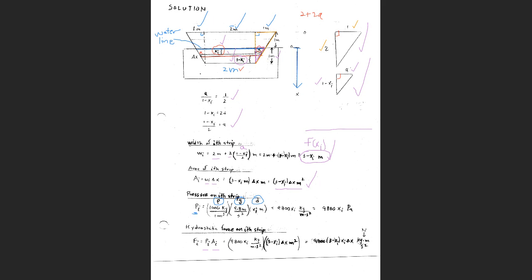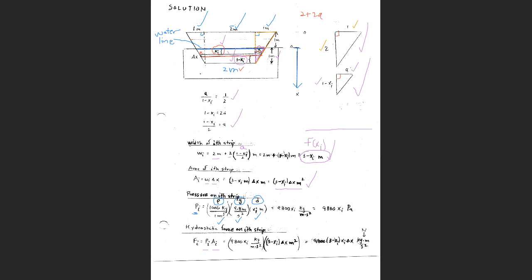So the hydrostatic pressure on the ith strip is 1,000 kilograms per cubic meter times the acceleration of gravity, which is 9.8 meters per second squared, times the distance of xi meters.